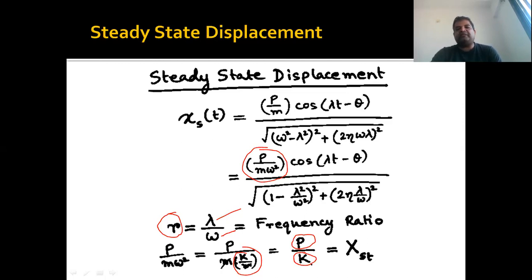Then force divided by stiffness is nothing but your displacement, and that displacement is X ST. This X ST is my static displacement.